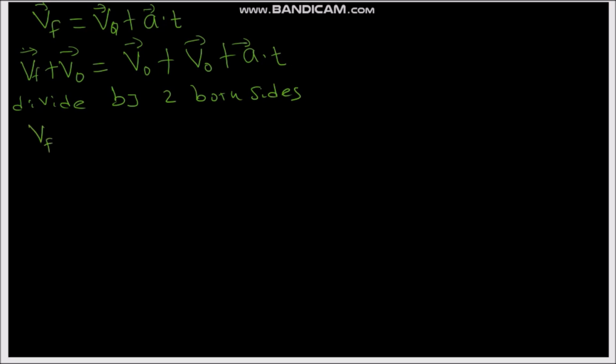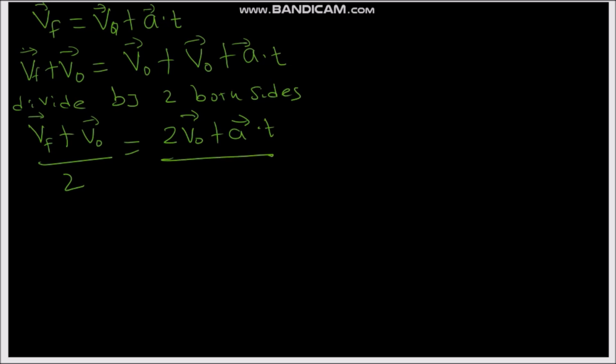V final plus V initial over 2 is equal to, now we have initial V naught plus V naught, which is equal to twice of V naught, plus acceleration times time over 2, because we divide both sides by 2. What's left? V final plus V initial, writing the right side in a clear way.